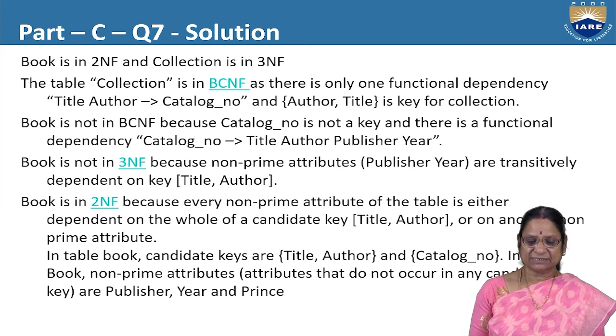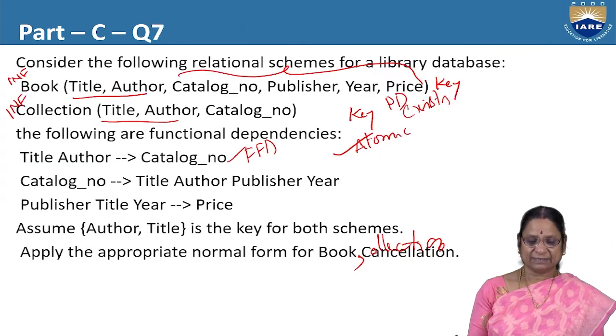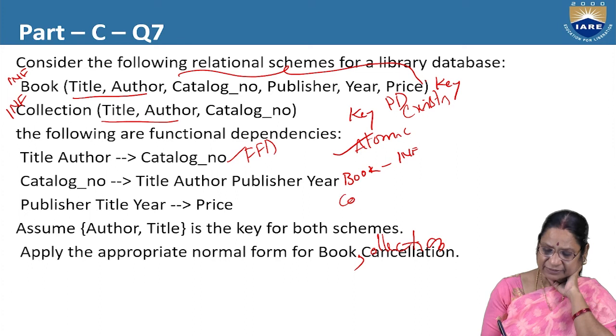The table collection will be considered here, and book cannot be in second normal form because partial dependencies still exist. So we can say that book is in 1NF and collection is in 3NF. Why 3NF?